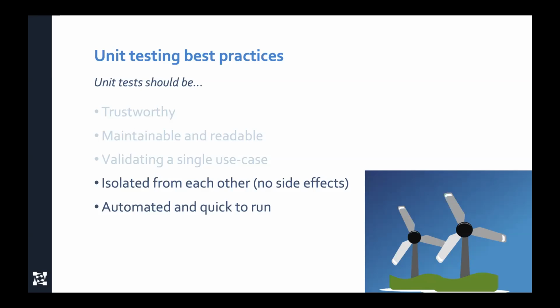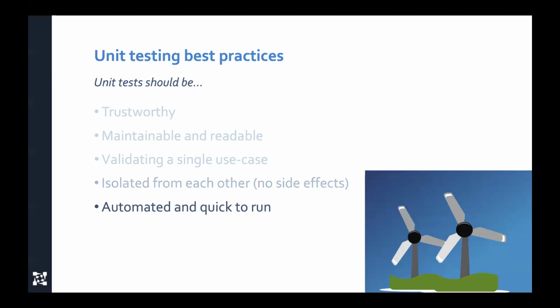Tests that do have those dependencies are generally harder to run. They're unstable. They're harder to debug. They're harder to fix. And in the long run, they end up costing a lot more time than they end up saving, right? Especially because they tend not to be trustworthy. So we want to write these tests to have a minimum amount of side effects.